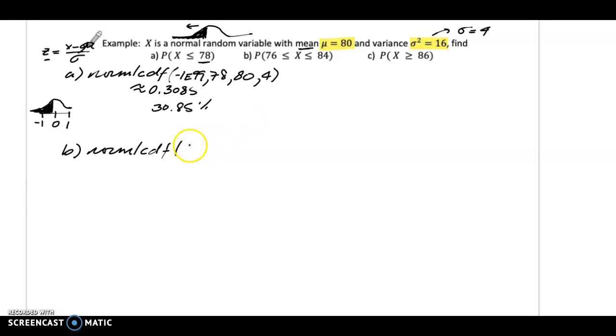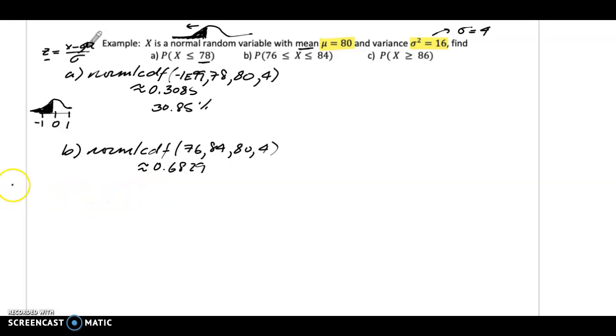And again, we're just going to put in our values, 76, 84. So you know this is to the left, and this is to the right of the mean. This then is going to be 80, and this will be 4. So that will give you 0.6829. So that's your probability.